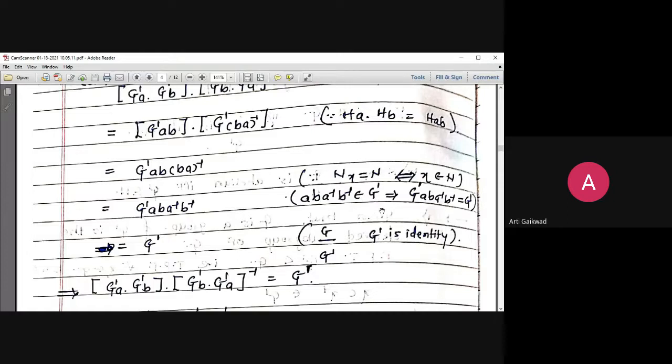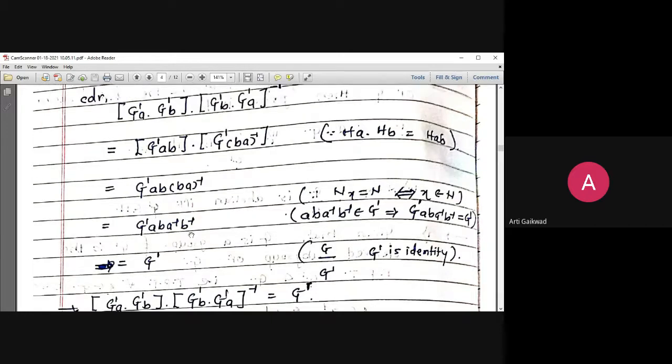It implies that G dash AB A inverse B inverse is equal to G dash, which is nothing but the identity of that factor group.